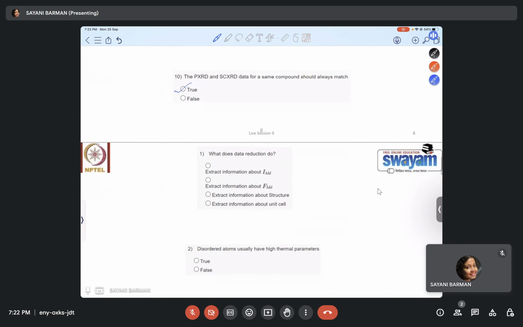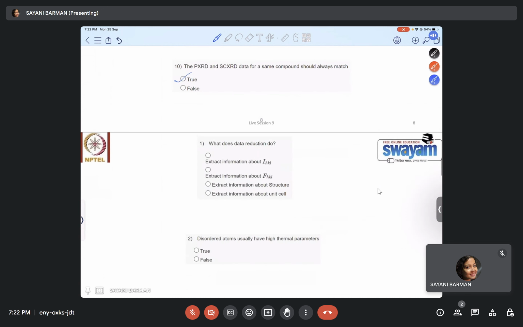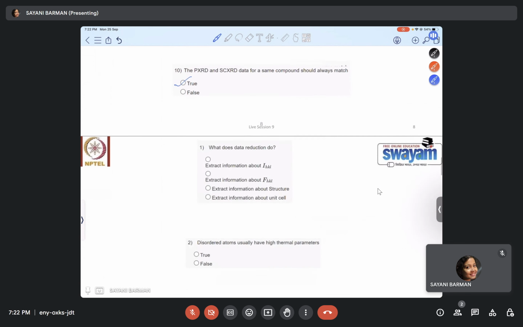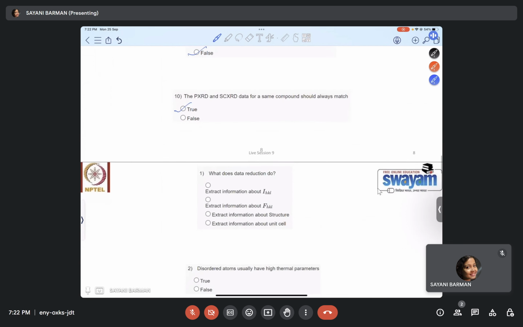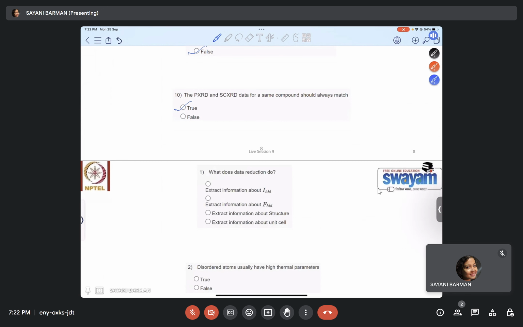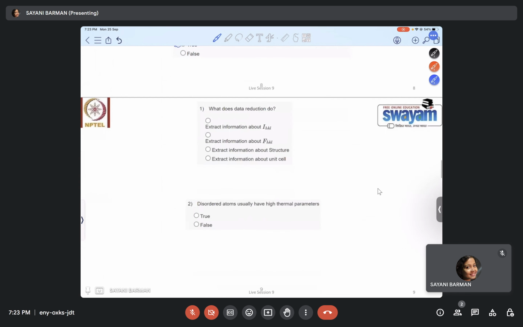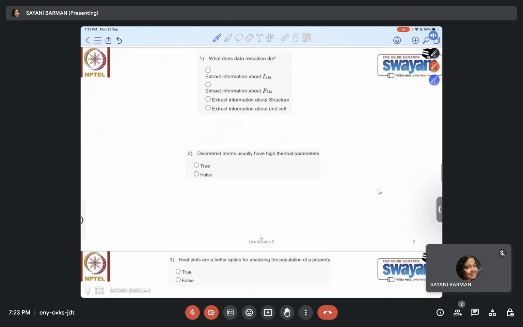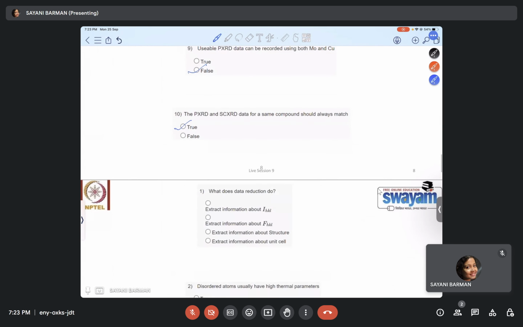It should always match, but sometimes it doesn't. Sometimes maybe due to some disorder, it doesn't match really well. A bit of shift is okay, but not that it doesn't match completely. It has to match like 99%. One more thing, intensity can vary.